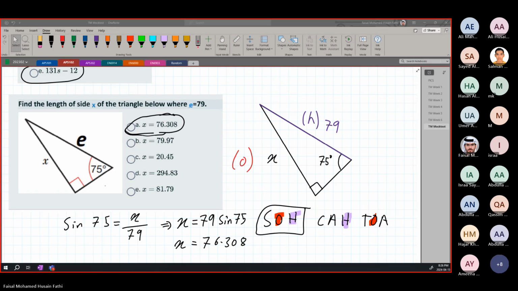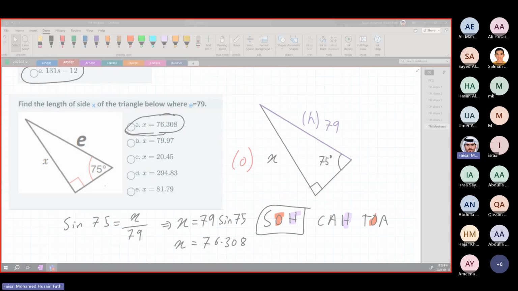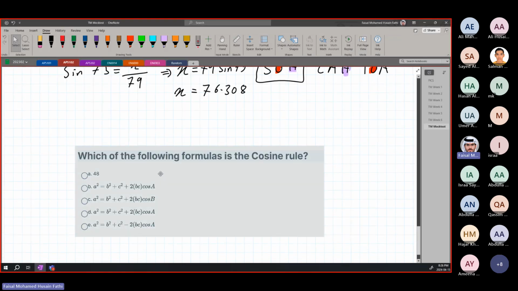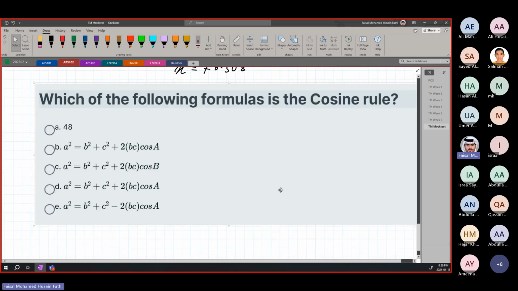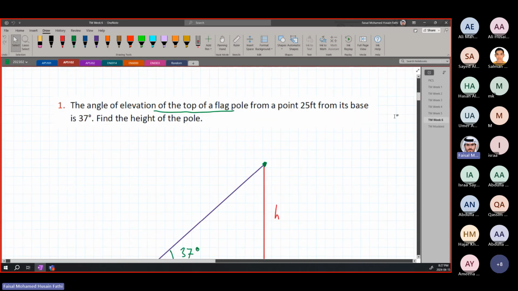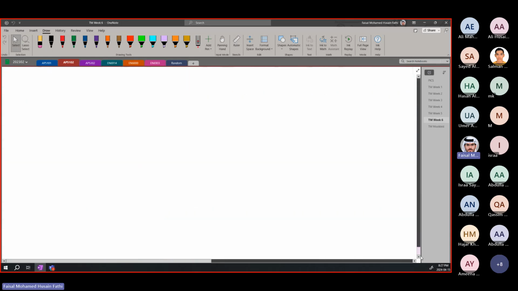Now, which of the following is the cosine rule? Okay, this is a nice question. So again, remember cosine rule, when we did it in the way I did it, we did c squared. Let me just copy paste it from last week. So cosine rules are this.